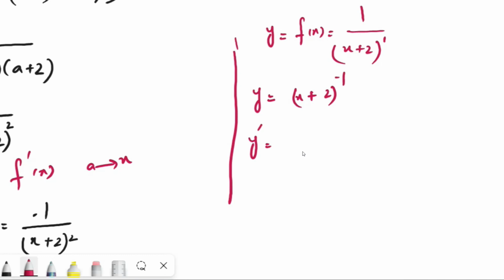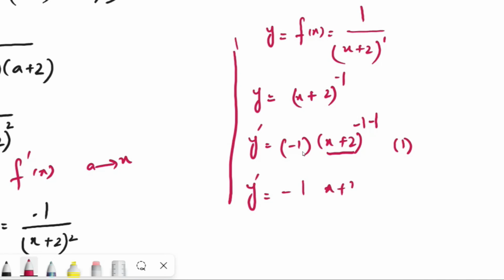So for the derivative, the power comes out, and now we subtract 1 from the power, minus 1, and the derivative of this function will be: x derivative will be 1 and 2 derivative will be 0. So y derivative is equal to minus 1, x plus 2 whole raised power minus 2. So y derivative is minus 1 upon x plus 2 whole square.